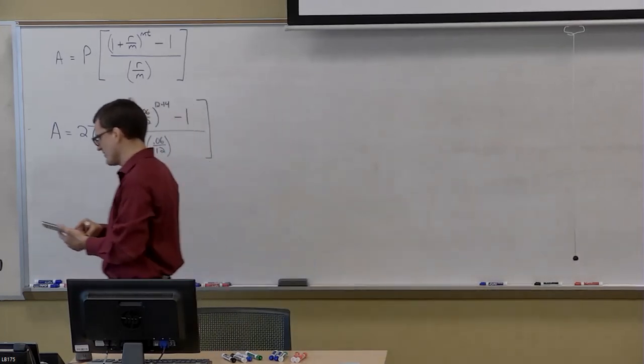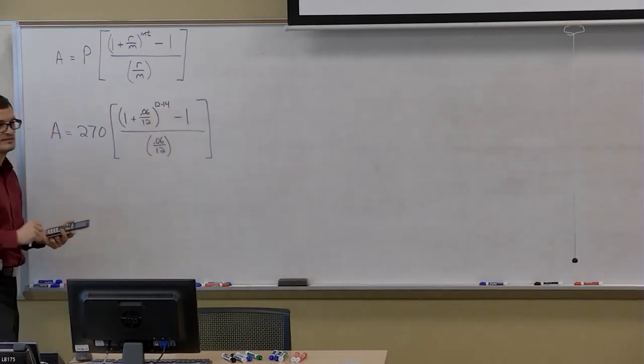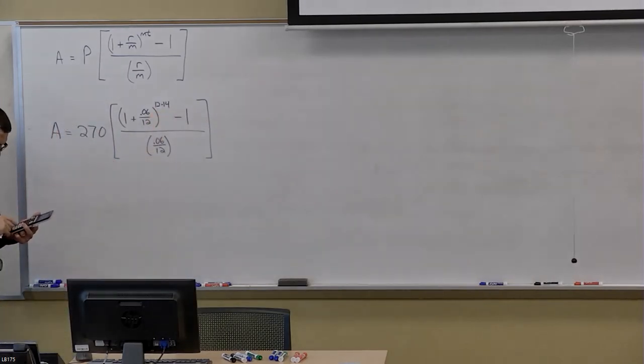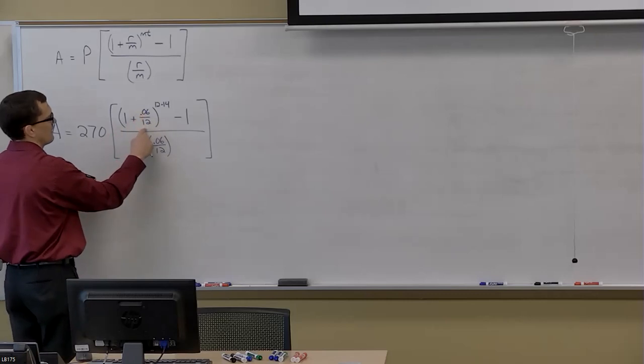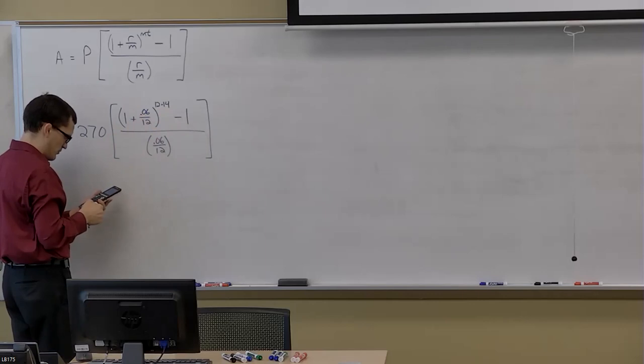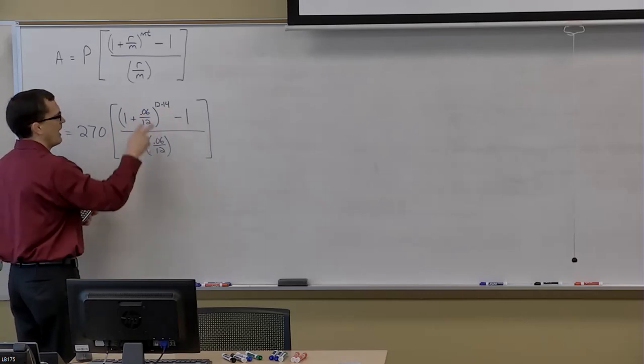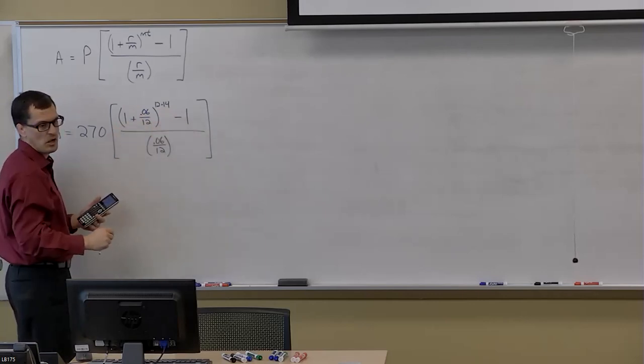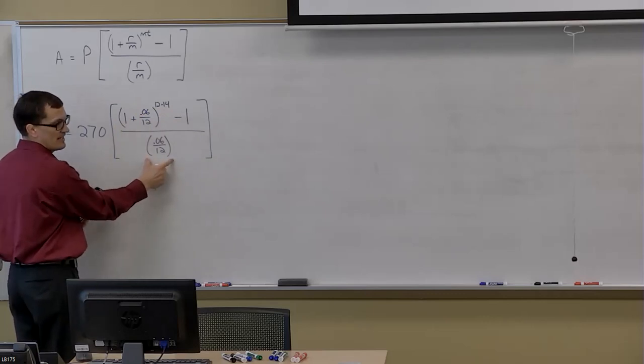Remember, when you're doing this, I like to multiply the 12 times 14. That gets 168. So when I type it in, I type in the whole numerator: 1 plus 0.06 divided by 12, to the 168th power, and then minus 1. Then I divide by this number.